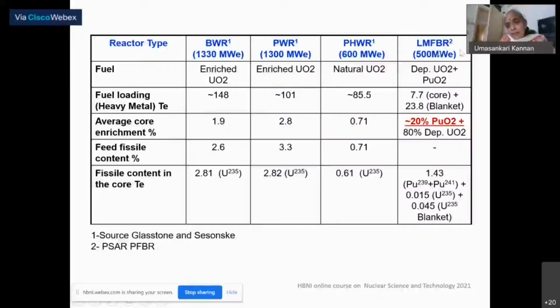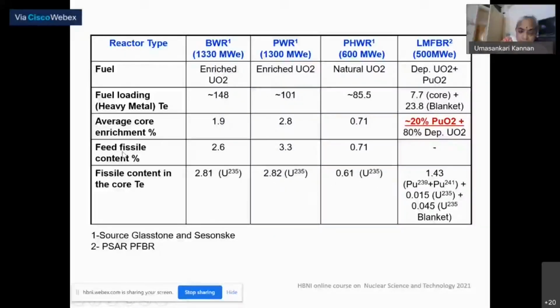Here I have already told you the fast reactors use depleted uranium oxide plus plutonium. These are the different core inventories, about 7 tons in the core of uranium oxide and 23 in the blanket, and 20% plutonium oxide is being used. The fissile content in the core in tons, if you see, it is 2.81 tons here, that is just uranium-235 alone, and 2.82 tons here, and about 0.61 tons.